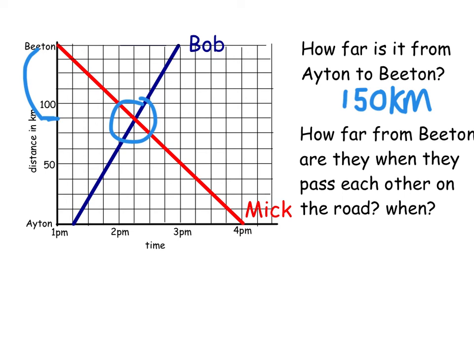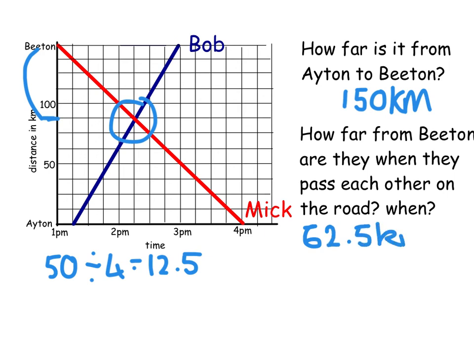Now, each box must be worth 50 divided by 4 is 12.5. So the distance away is 50 plus 12.5 is 62.5 kilometres away. Okay, so they're 62.5 kilometres away from Beaton. If they'd asked it the other way, you would have said they were 87.5 kilometres away from A town.